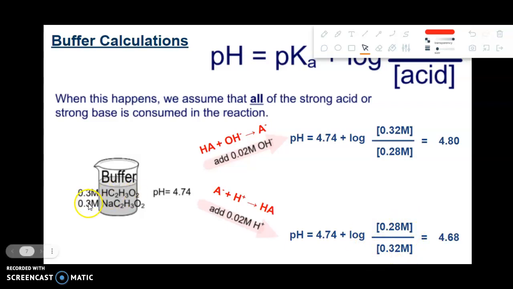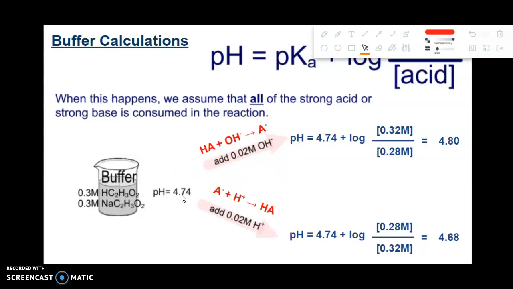So instead of starting at 0.3 molar, you can see that 0.02 moles of acid consumed the base and transferred that to acid. And then we get a pH change of 0.468 from the original 4.74. So notice the pH does change, but it's just resistant to change.